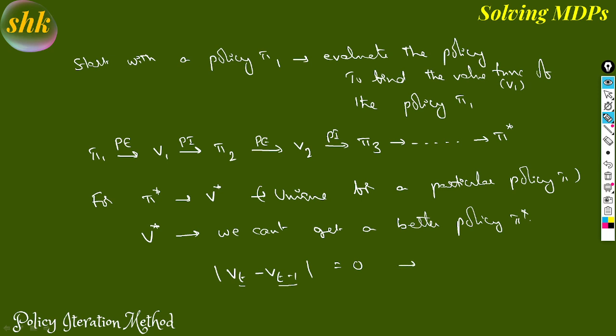This is theoretically, but practically there will be a little difference, which we take as the acceptable error. We evaluate until the difference between the value function at time t and at time t minus 1 is equal to a small error, epsilon. This we consider as the stopping criterion.